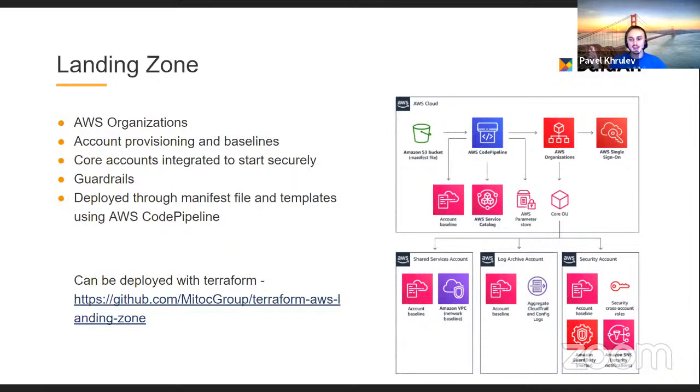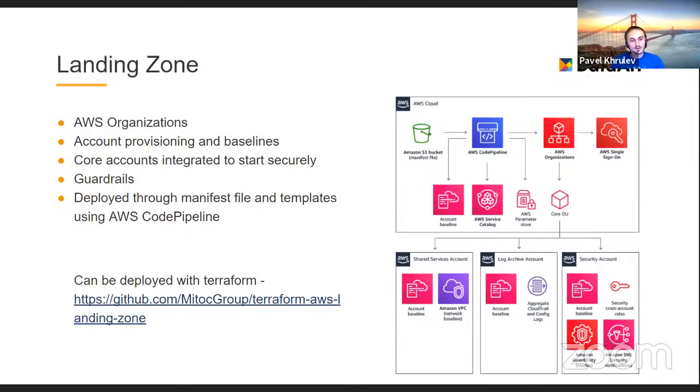Also, it has an SNS topic for all security notifications from other accounts. So it's just one place for the security department where they can do audits, where they can get security notifications, and where they can get Amazon GuardDuty enabled.